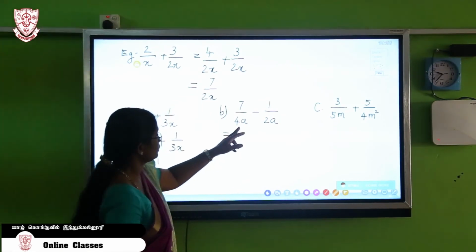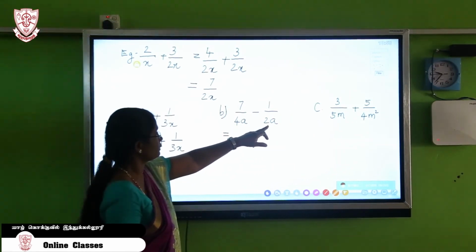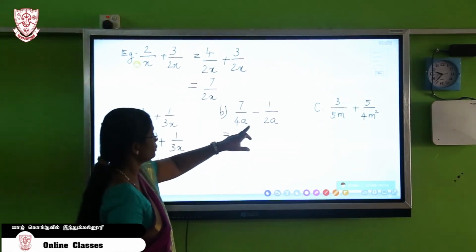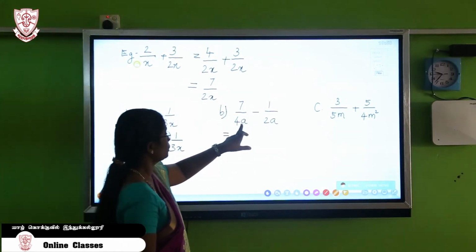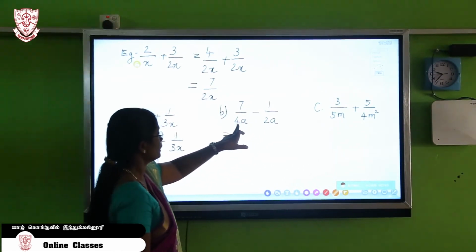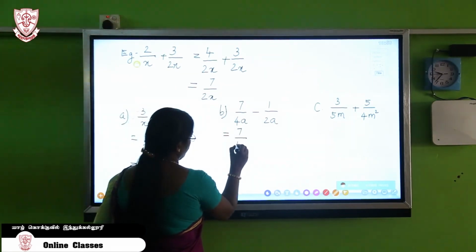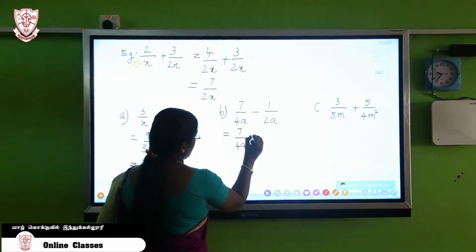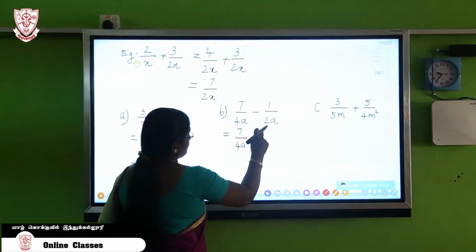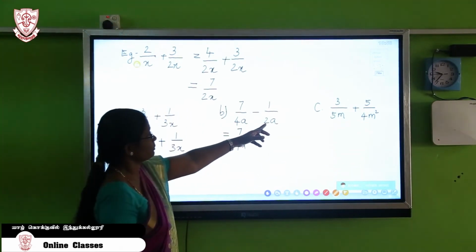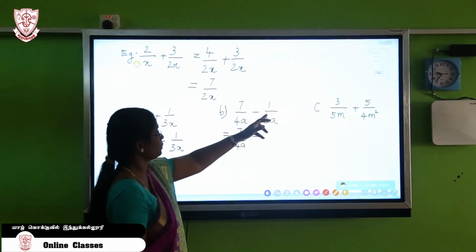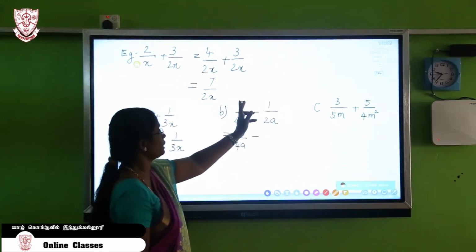Here the denominators are 4a and 2a. You have to multiply 2a by 2 to get an equivalent fraction with denominator 4a. Then 7 over 4a minus, and the 2a you multiply by 2, and the numerator also by 2.